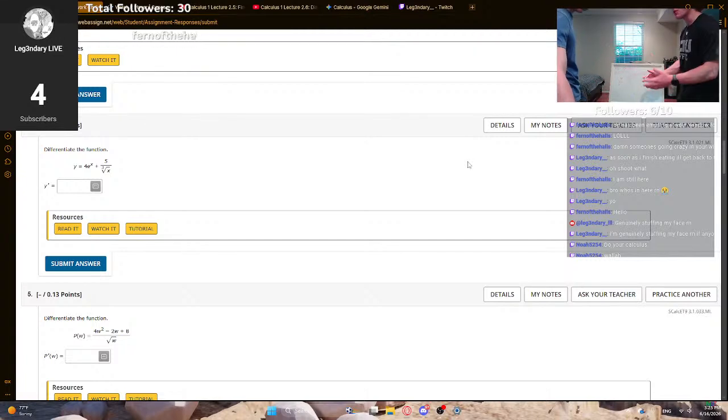This is calculus. You're learning calculus here. What you do is, we'll say you have the nth root of x. We differentiate this, and whatever this number n is, it's going to be 1/n times x to the power of 1 minus n.